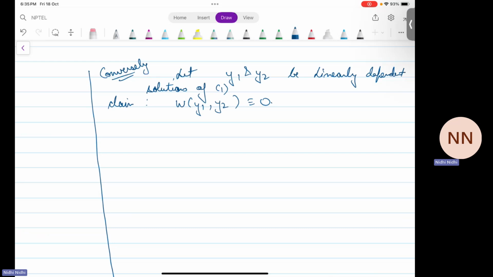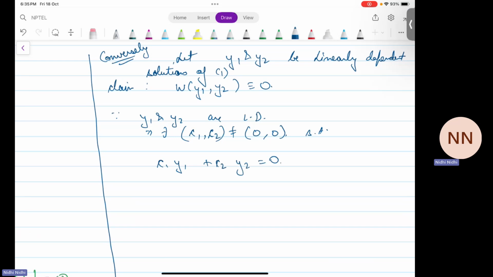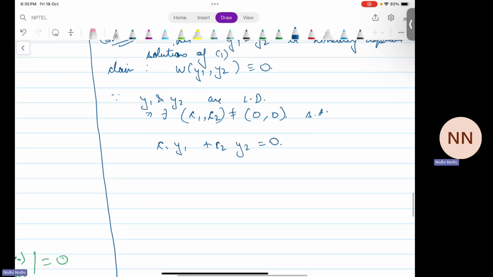Since y1 and y2 are linearly dependent, there exist some c1, c2, not 0 together, such that c1y1 plus c2y2 is equal to 0. This gives us c1y1 dash plus c2y2 dash is equal to 0.